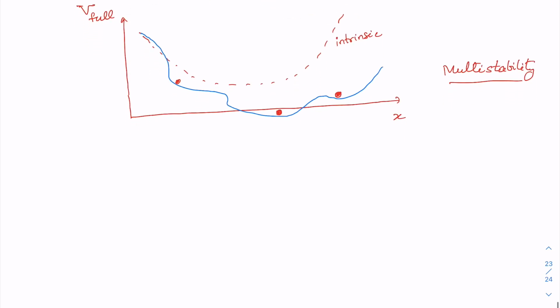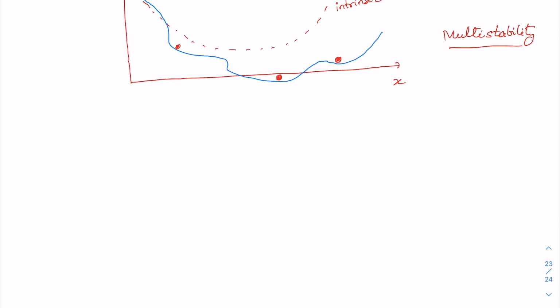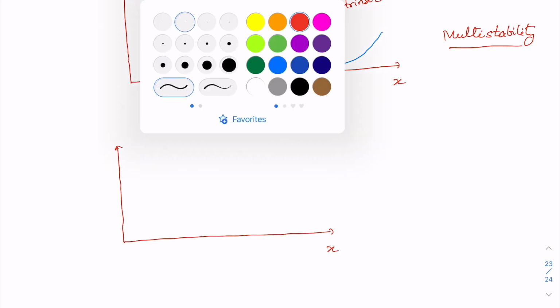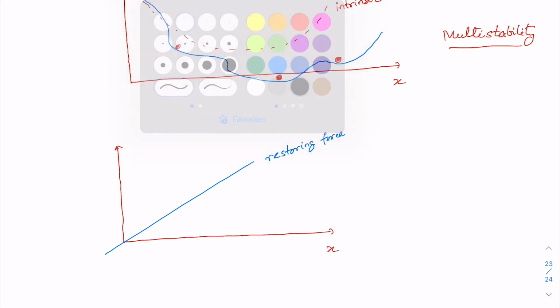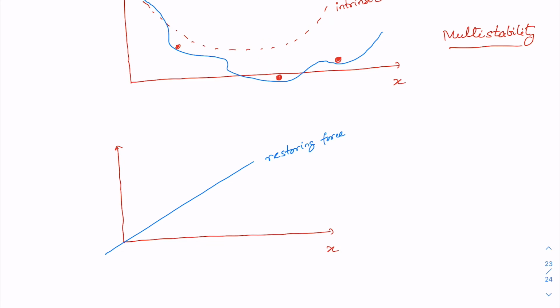A typical plot of restoring force in a cavity optomechanical system: say this is my position, and the restoring force is directly proportional to position, so this is the restoring force, and the radiation pressure force would be like this.